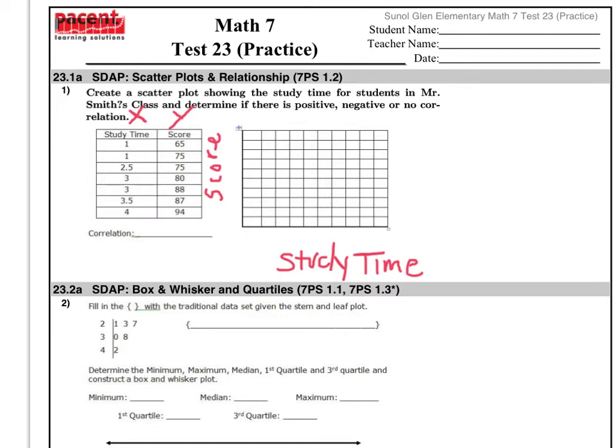So we're going to take study time, and we have 1 at 65. Well, 65 is really going to be quite hard to get on the graph, so we might want to count by like 5s along our y-axis. And instead of starting at 0, because it looks like they start at 65 and it goes to 94, let's start at 65.